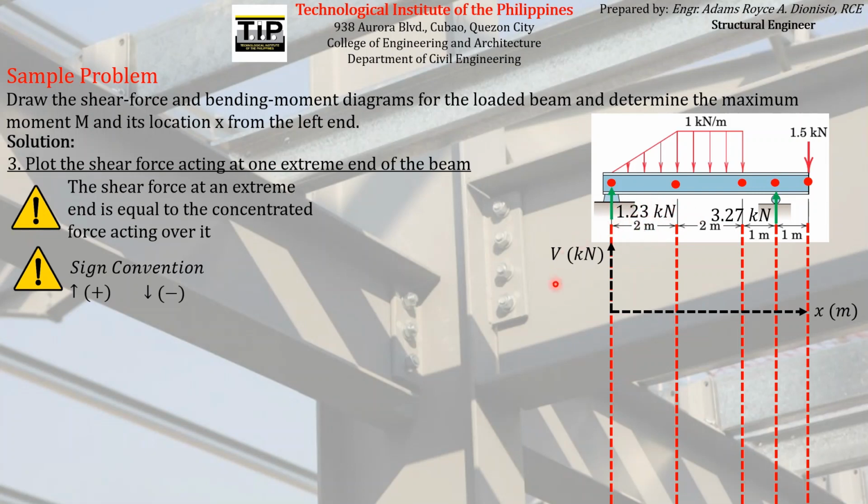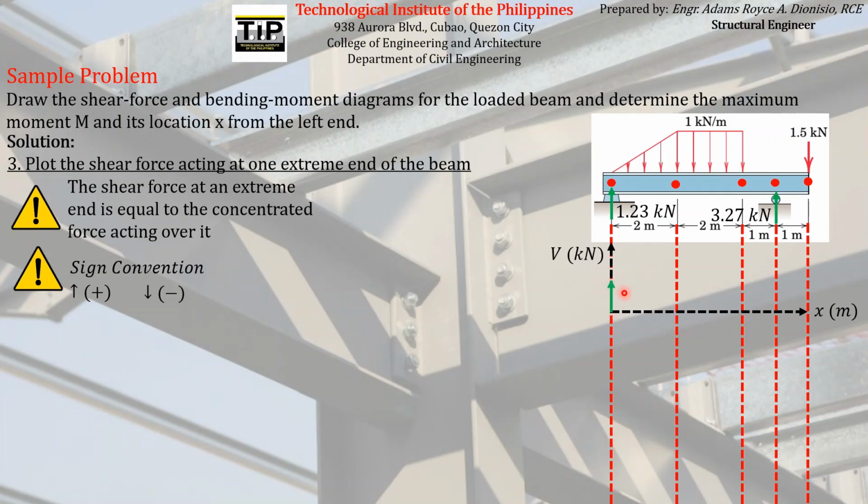So since it is positive, if we plot that on this diagram, which is actually the shear diagram, we are establishing the shear diagram at this moment. If we plot the shear force acting on this point on this shear diagram, since it is positive, we must locate it above the horizontal axis.